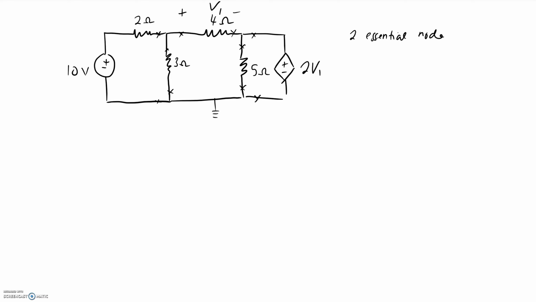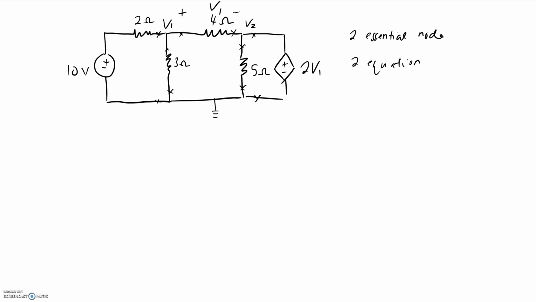So it means that there will be two equations, either KCL or Ohm's equation. As you can see here, I select this one as V1, here is V2.